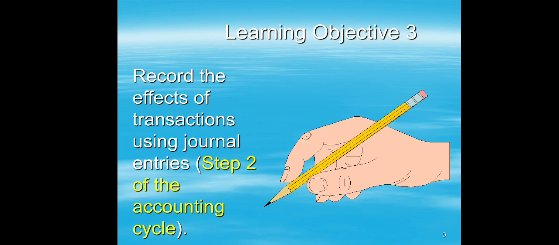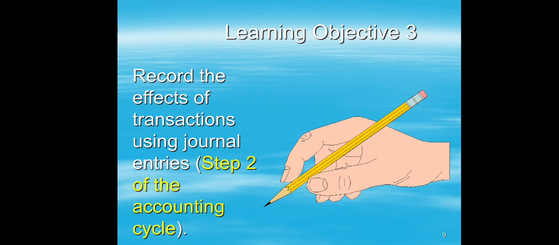Accounting process means the thing that you have to do when you want to make accounting record. In the previous lecture, I told you that if you want to do an accounting record for a business, you have to follow the accounting cycle. Accounting cycle contains the steps that you have to do when you want to make accounting record for a business.